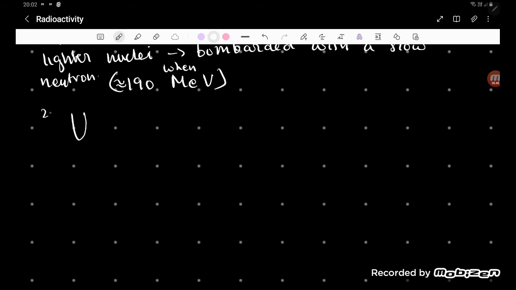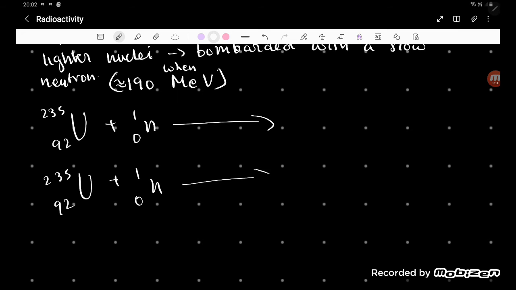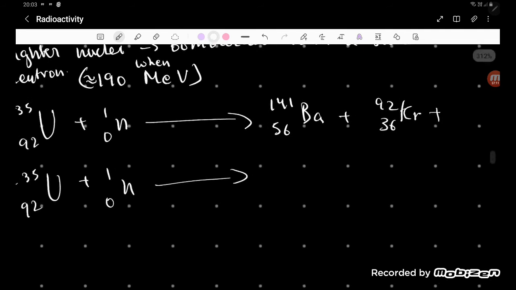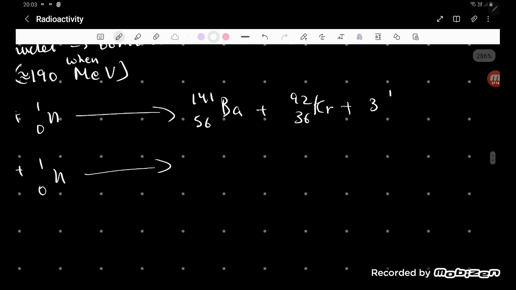Uranium 235 92 plus 1 slow neutron will give you either barium 141 56 plus krypton 92 36 plus 3 neutrons and energy. The same follows here, but the elements that we get are different.